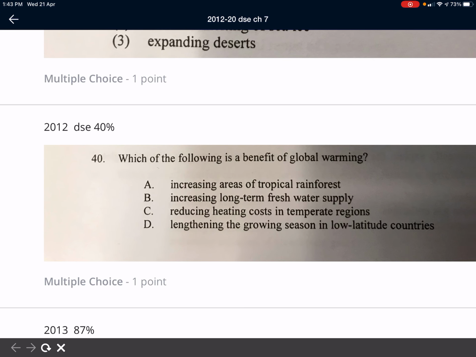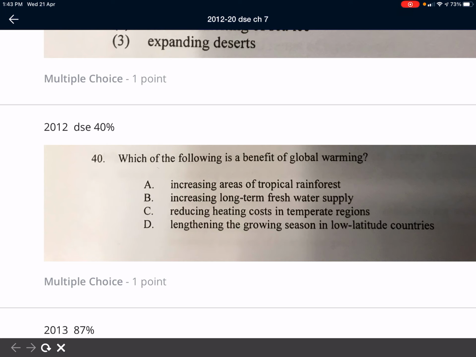Okay, reducing heating costs of the temperate region, just like Japan and the UK, which are quite cold in the winter, so there will be more heating costs incurred in the winter. But right now we are having global warming, which means the winter may have higher temperatures, and then the cost spent on heating will be reduced.